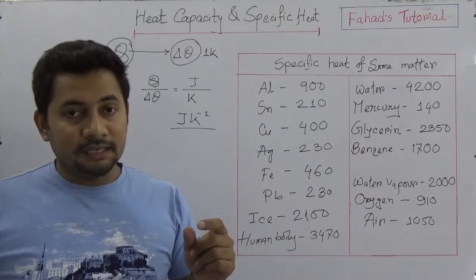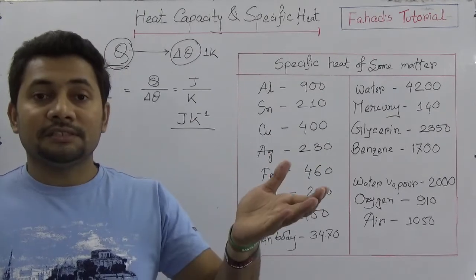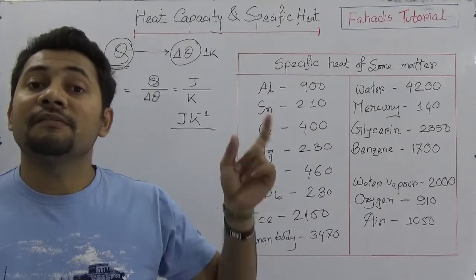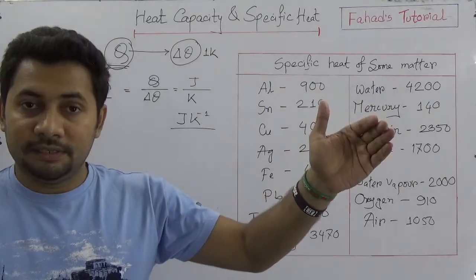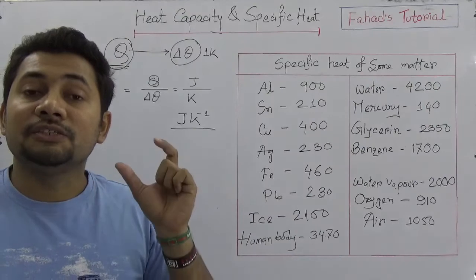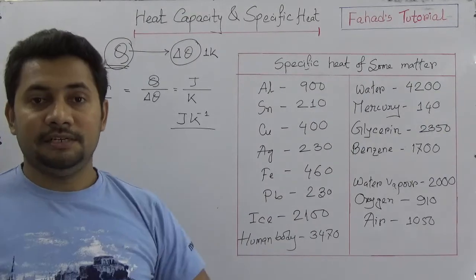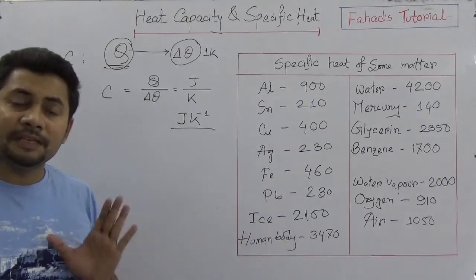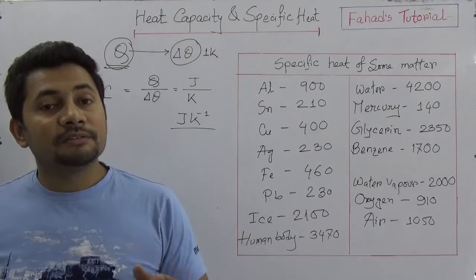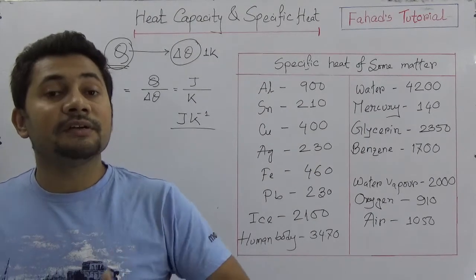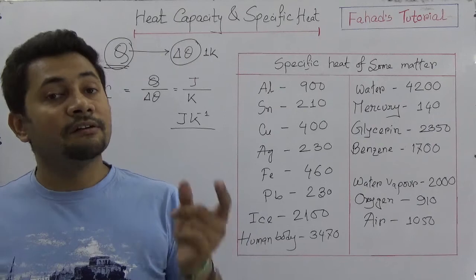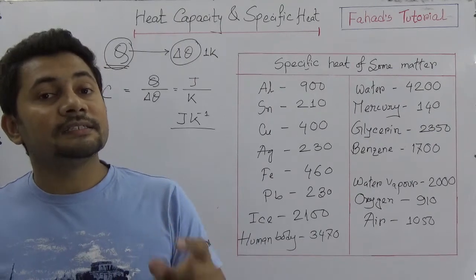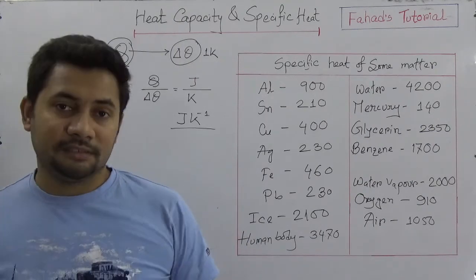It means that to increase the temperature of that body by 1 Kelvin, 500 joule of heat is required. So simply, the amount of heat required to increase the temperature of any material by 1 Kelvin is the heat capacity of that material.